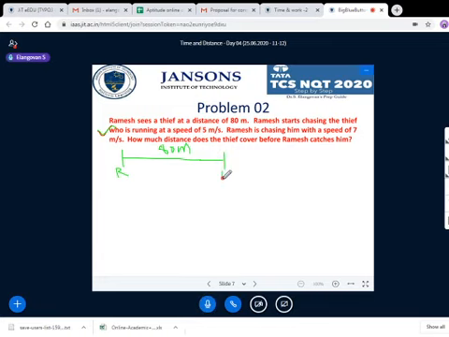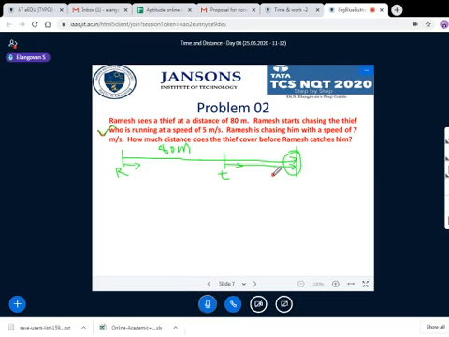So here the thief gets started from here. He started running at the same time Ramesh also started running, and both of them are running. Both met here, and so Ramesh is catching the thief. Is it correct?